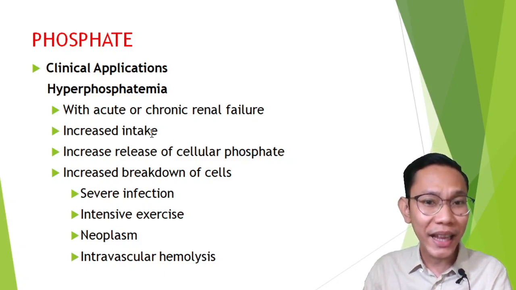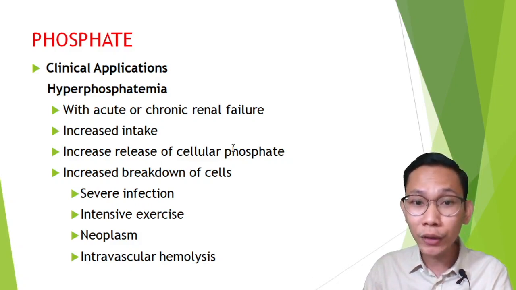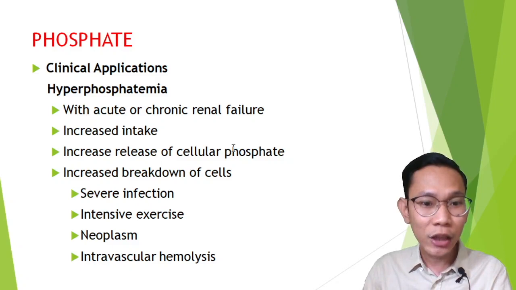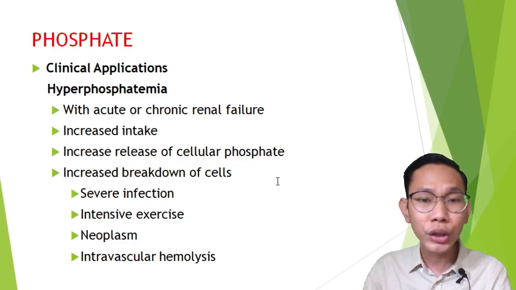Also, increased intake, increased diet, so increased absorption in our intestine. We also have increased release of your cellular phosphate, because remember that the majority of your phosphate is intracellularly located. So increased breakdown of cells, caused by severe infection, intensive exercise, neoplasm, and intravascular hemolysis.